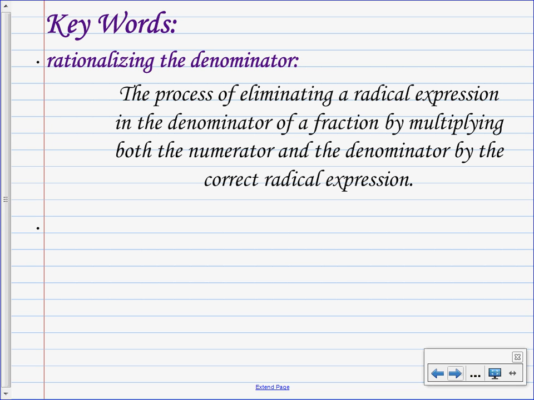And it depends on what the denominator is by what we're going to multiply it by. Okay? So when we get to that point in the lesson, we'll talk about that more. But needless to say, there can be no square roots in the denominator. None. So when there is, you have to rationalize the denominator.